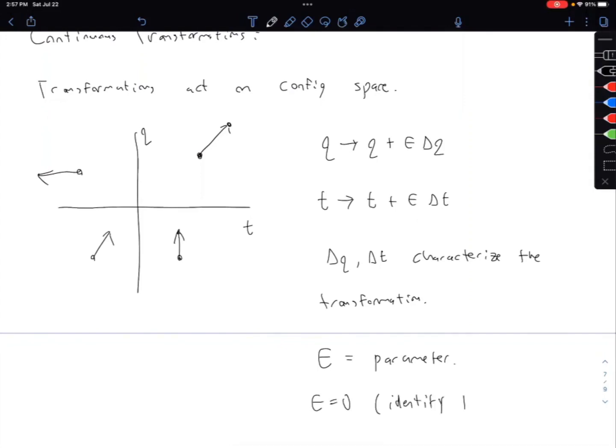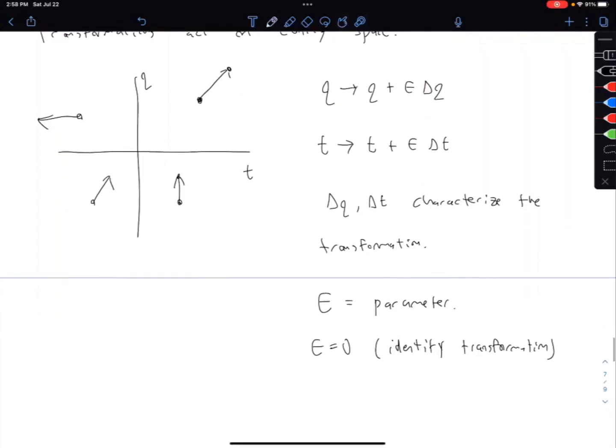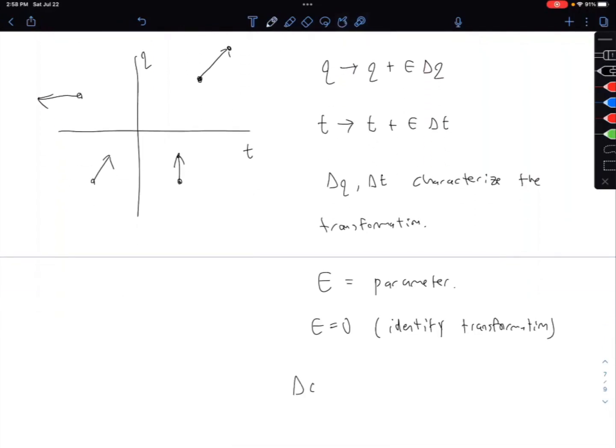You just leave every point alone. Now you can make epsilon non-zero, really small, and then you get some small transformation. And delta Q and delta T characterize what transformation you're doing. And in particular, to keep things completely general, they can depend on Q and T. They can depend on where you are. You can shift each point by a different amount depending on where you are.